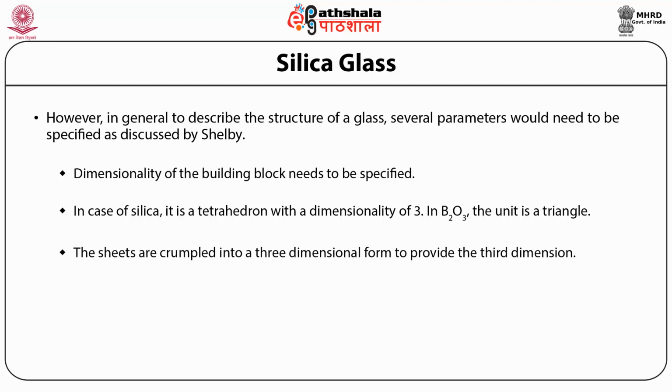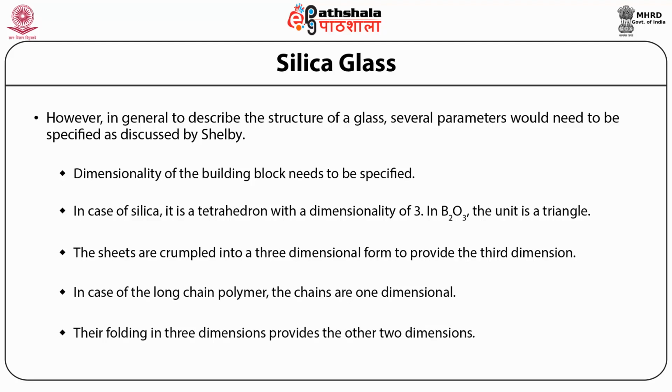The sheets are crumpled into a three-dimensional form to provide the third dimension. In case of the long chain polymer, the chains are one-dimensional. Their folding in 3 dimensions provides the other 2 dimensions.